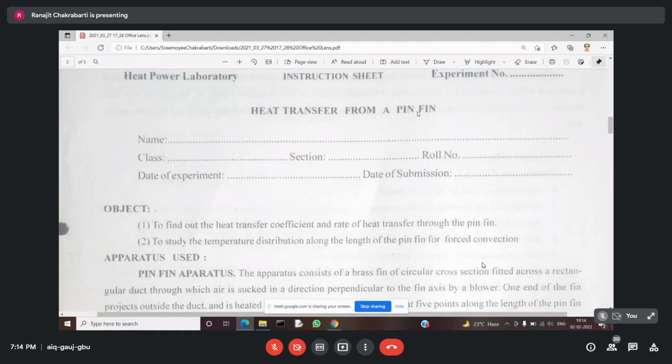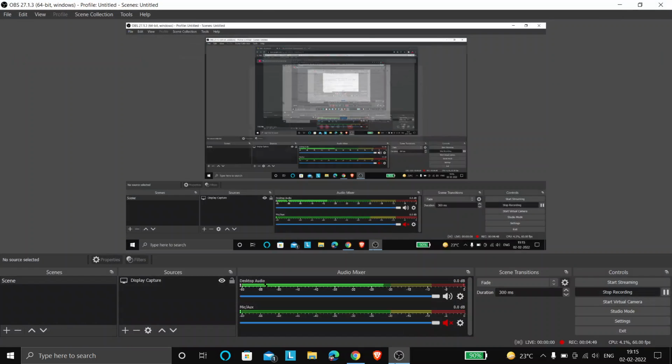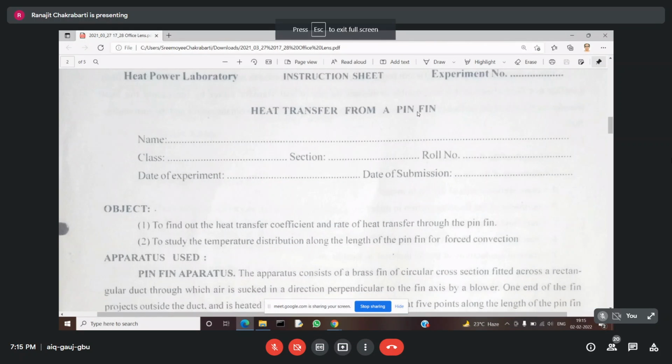Whenever heat travels by convection from a surface to an adjacent fluid, the rate of heat transfer is guided by Newton's law of cooling. This rate is proportional to the area of the surface exposed to the fluid, perpendicular to the direction of heat transfer.